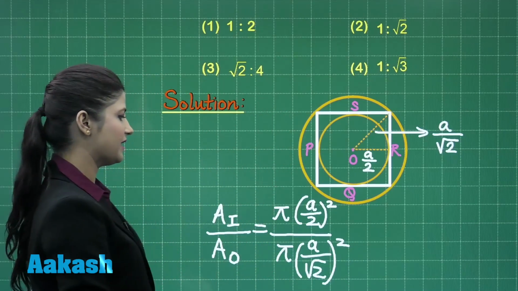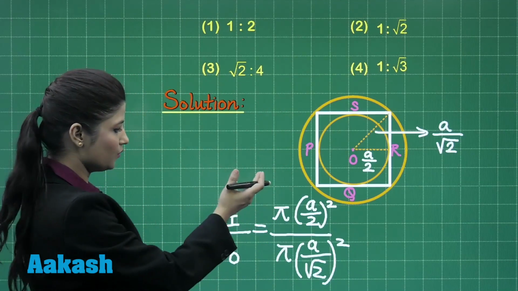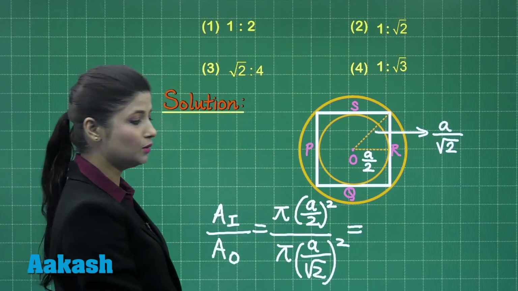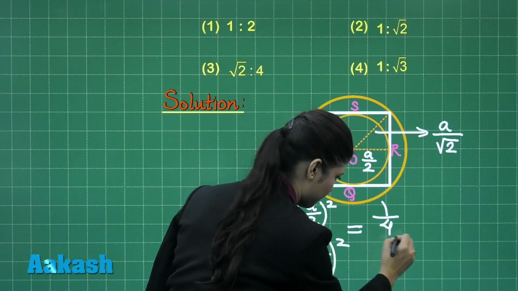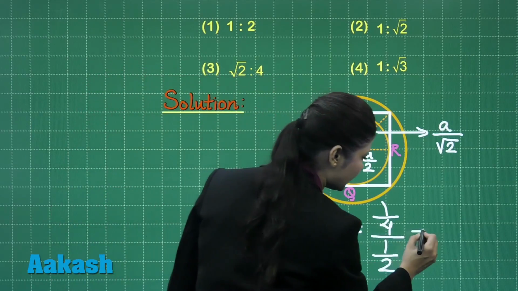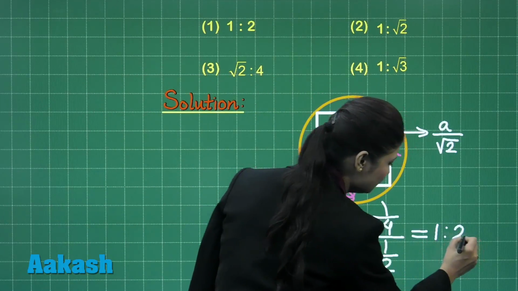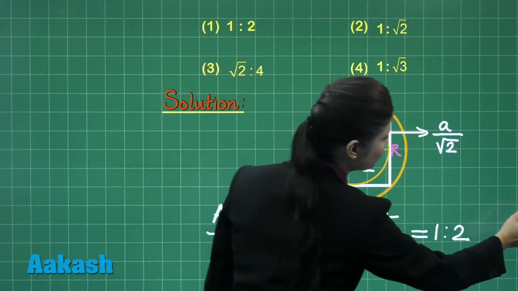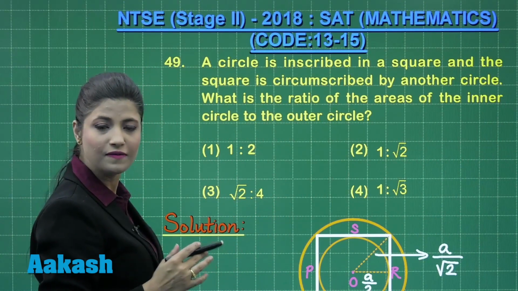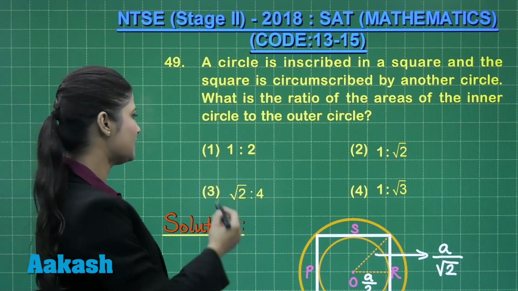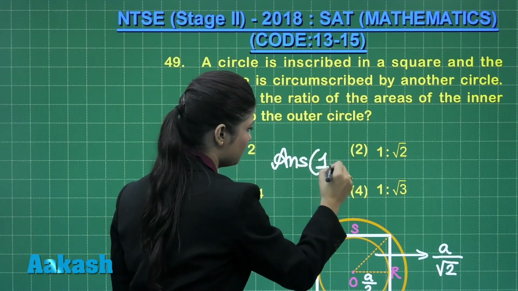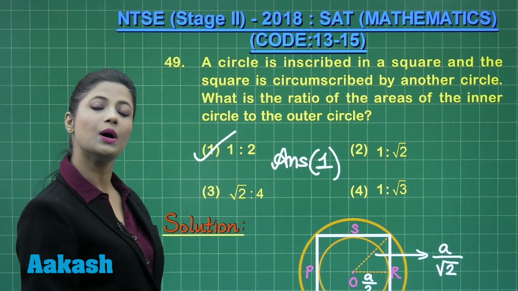When you simplify this, pi gets cancelled, moreover a square gets cancelled, and you obtain the value equal to 1 upon 4 upon 1 upon 2, which can be further simplified, and the required final ratio is 1:2. So out of these 4 given options, you can clearly say now that the required ratio of the areas of inner circle and outer circle is definitely 1:2. So the answer for this question is option number 1. Now let's move on to our next question.